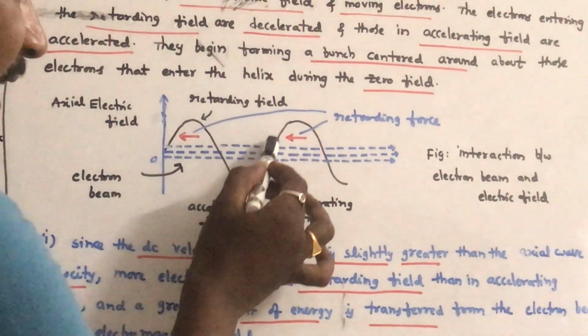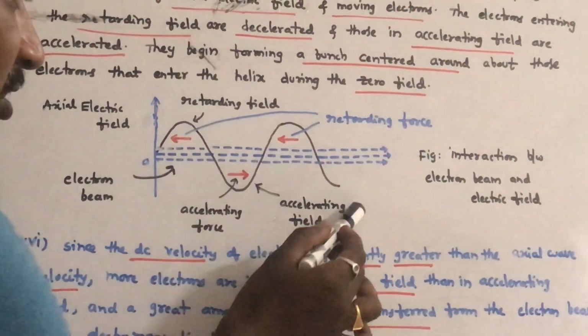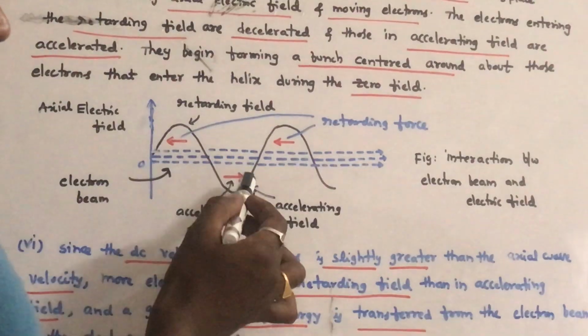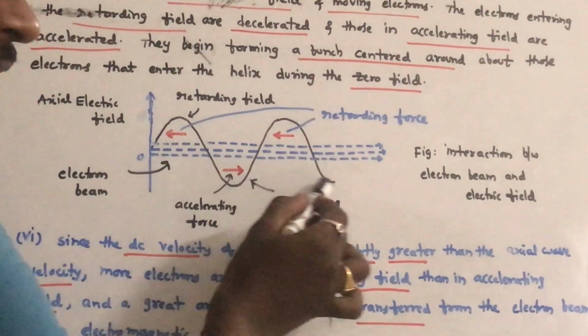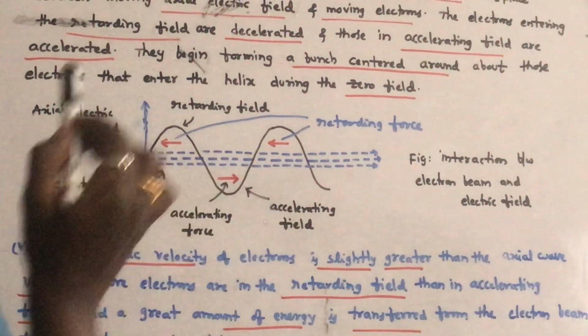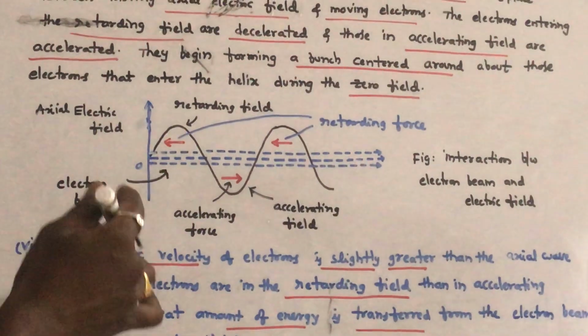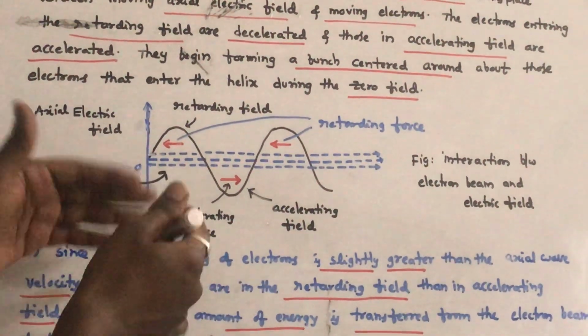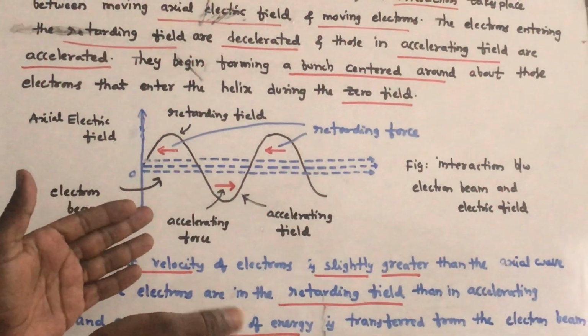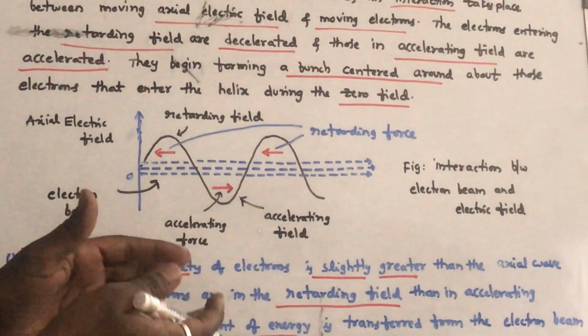This is the accelerating field because the electric field is increasing. That's why it is called the accelerating electric field. Those electrons falling into the accelerating electric field are accelerated. Therefore some of the electrons are accelerated, some are decelerated, and they all turn into bunches.